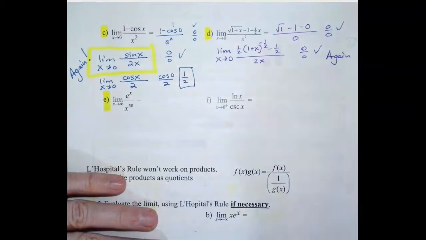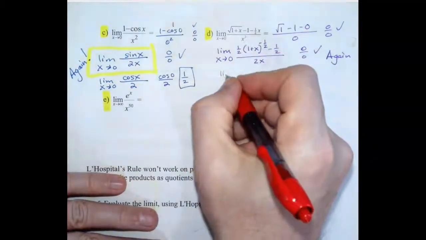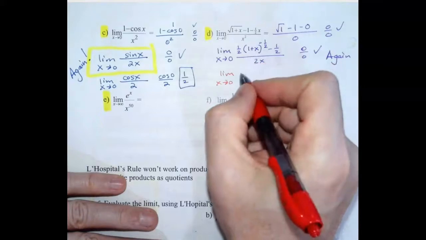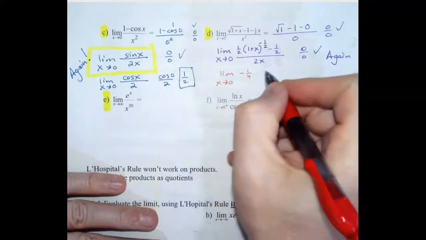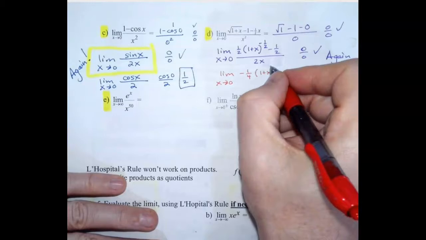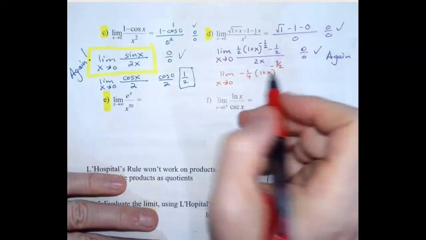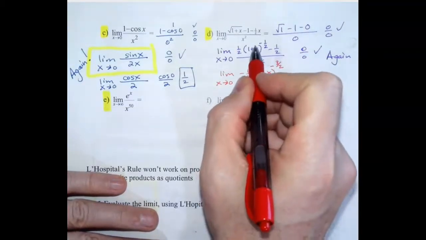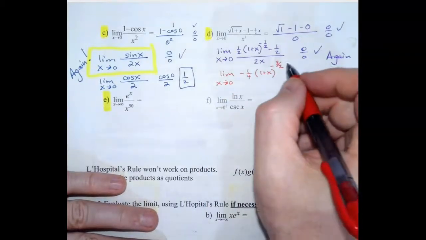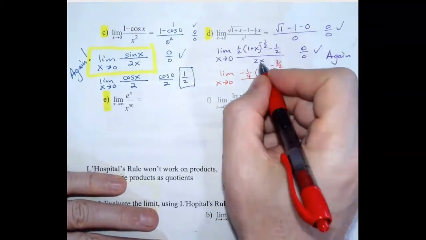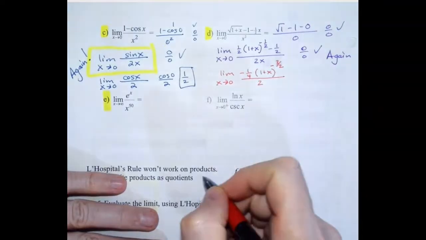So that's going to be the limit as x approaches 0. Now that's going to be negative 1/4, 1 plus x to the negative 3/2. Now be careful here. I didn't have to use a chain rule because the derivative of the inside is 1, but be aware that we may have to do that. And then the derivative of 1/2 is 0, so that's gone, and the derivative of this is just 2.